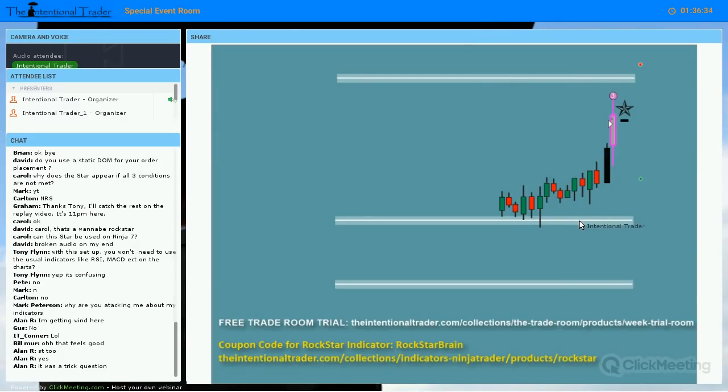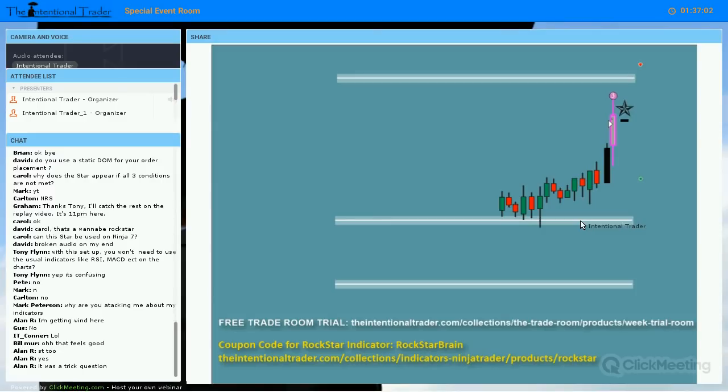Okay, so here's the next criteria, and here's where the dots came in. Think of the dots as a channel. When price is channeling, price wants to stay in a channel. That's when it's chopping around and it's not really doing much and there's not a real strong sense of exhaustion.